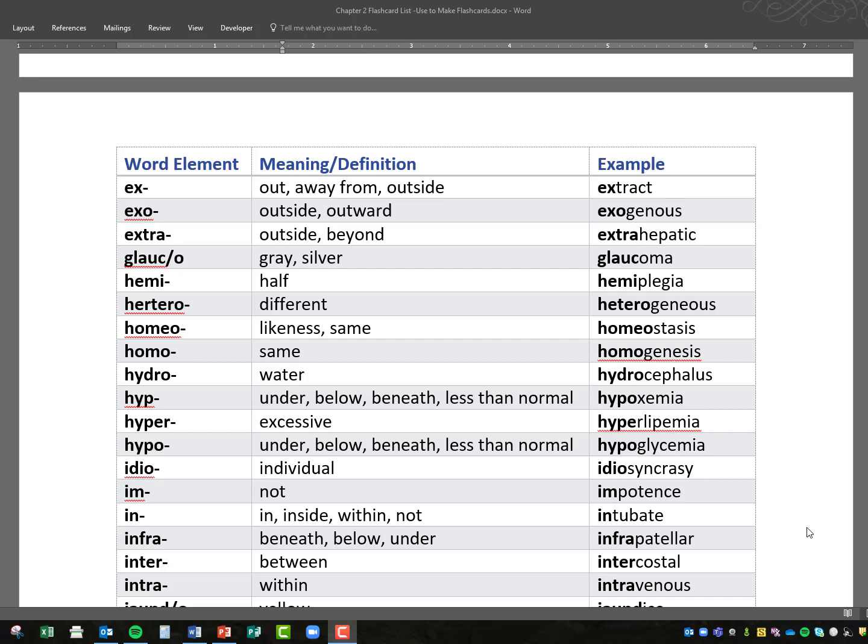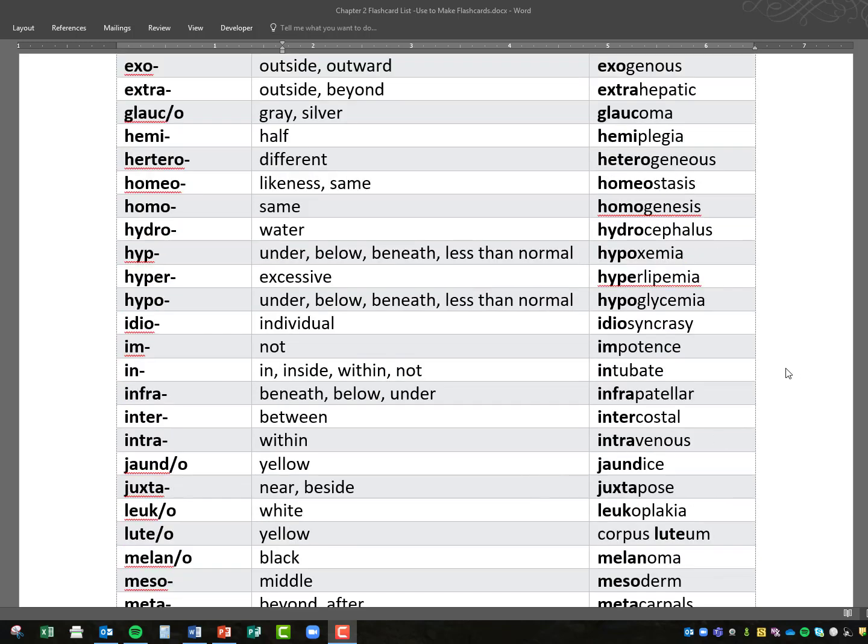Idio, you want to remember that that means individual. Im, which means not, impotent. So think of I'm not. Well, this one's potent. So maybe that'll help you to link that in. In, inside, within, not. That one's a pretty easy one. Infra, think of inferior if you want to.